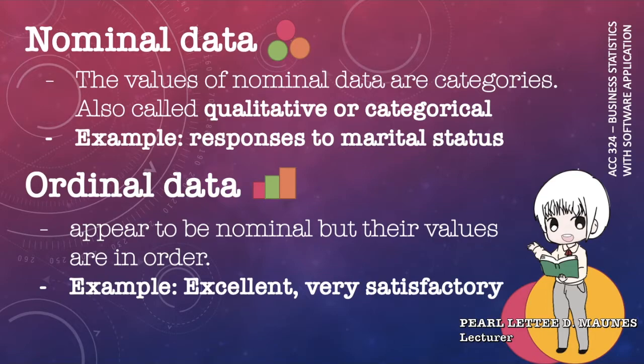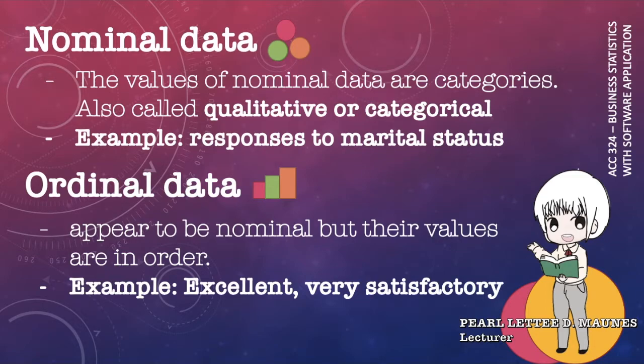As you can see, we have 3 shapes, the green, red, and yellow, and they do not overlap, because the categories, like for example the single, the married, and the widowed, or another example would be gender, the male and female. Okay, so then the ordinal data, this appears to be nominal, but their values are in order.